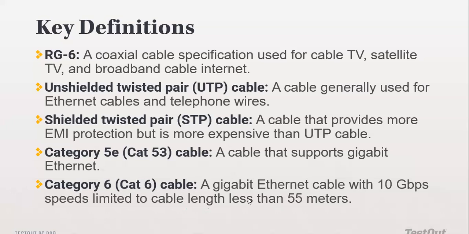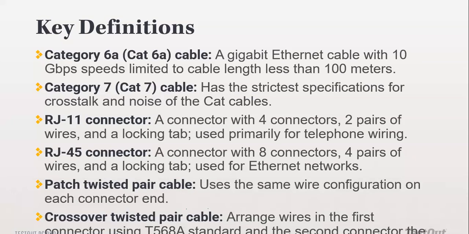Category 6 also is a gigabit Ethernet cable, but it does not just support 1 gigabit per second of transfer; it can support up to 10 gigabits per second when the cable is not longer than 55 meters. Just imagine being able to transfer 10 gigabytes in a second through a cable. Isn't that crazy? Well, I think that's awesome.